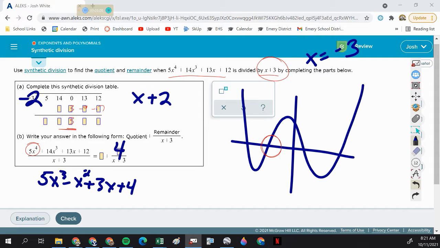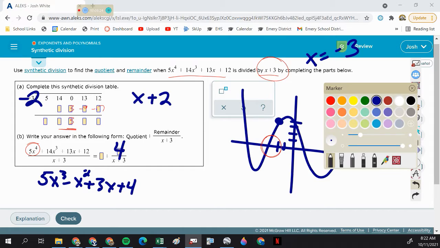So if I went over here to -2, it would hit the graph at 1, 2, 3, 4. Which is kind of crazy, but that's how it works. The remainder is the y value when you plug -2 into the equation.